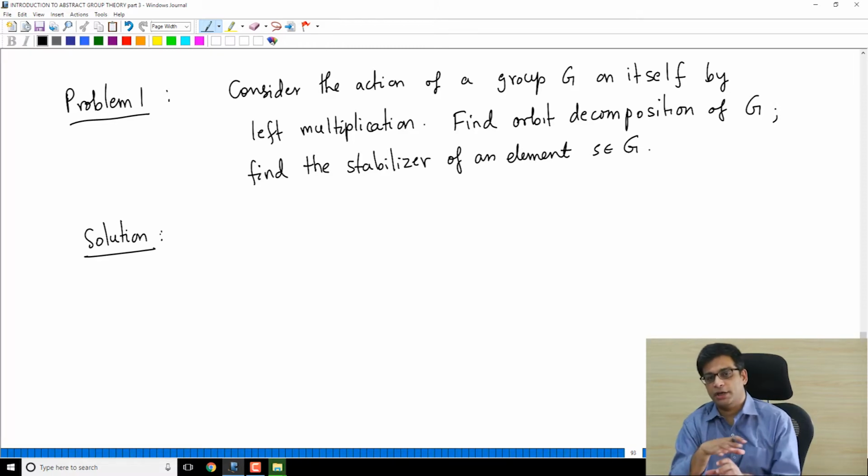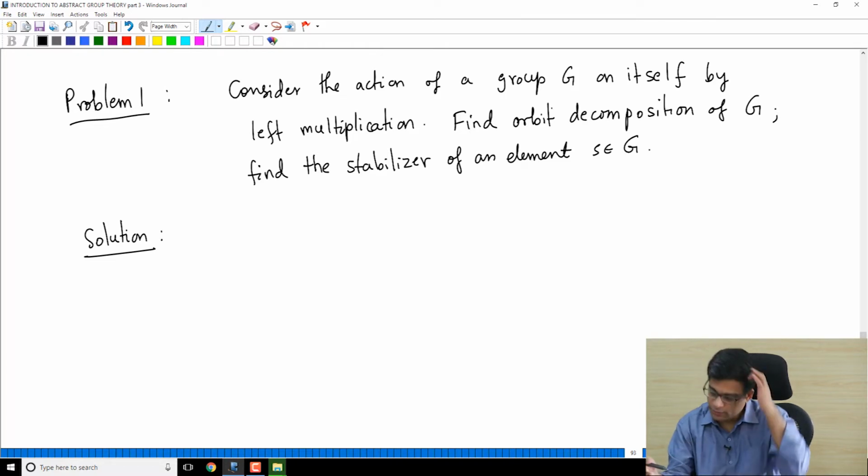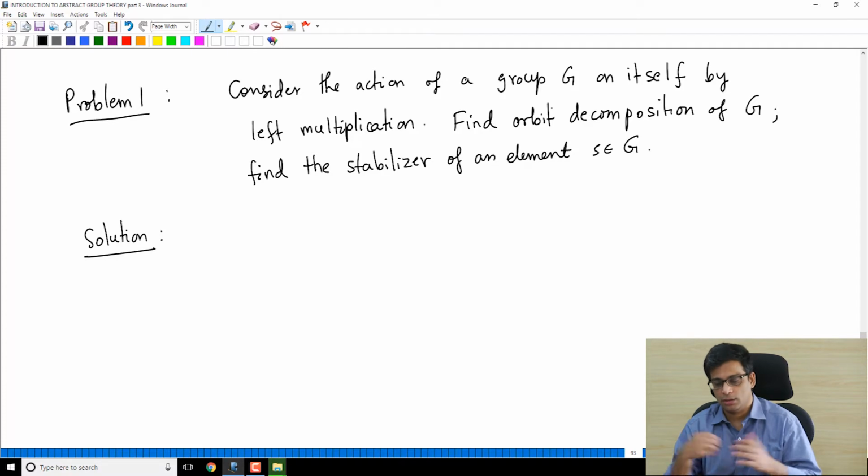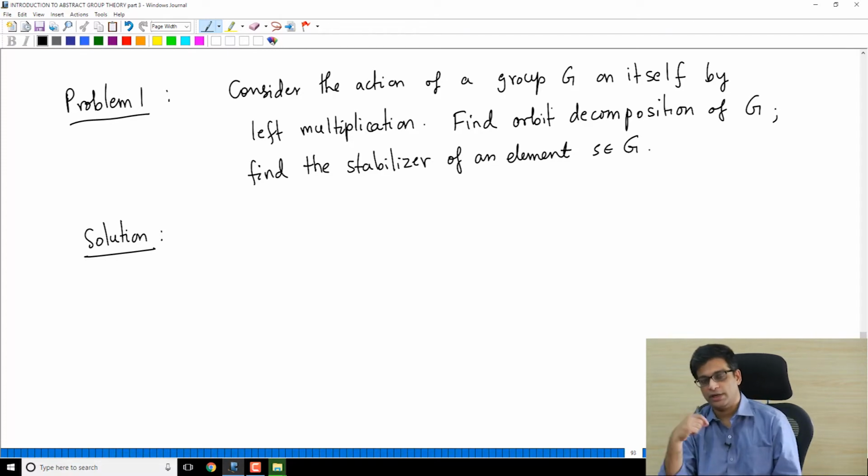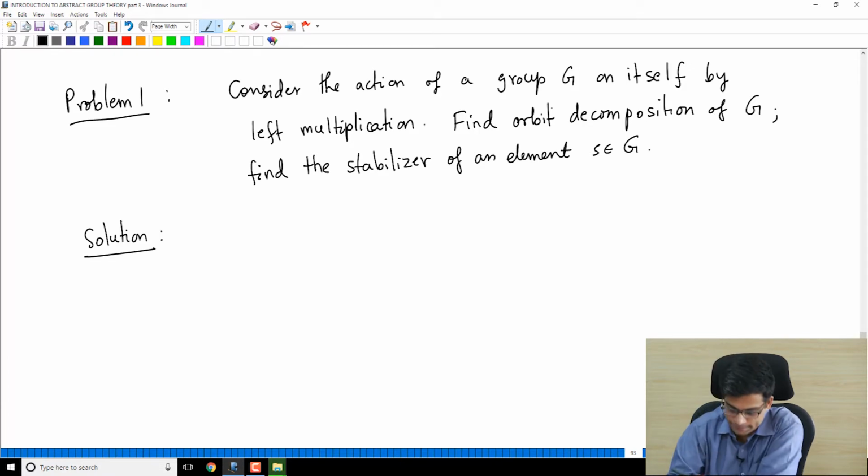Because G is partitioned as a disjoint union of orbits, I want you to find all orbits of G and see what are the orbits whose disjoint union is G. Similarly, given an element small s, find its stabilizer.